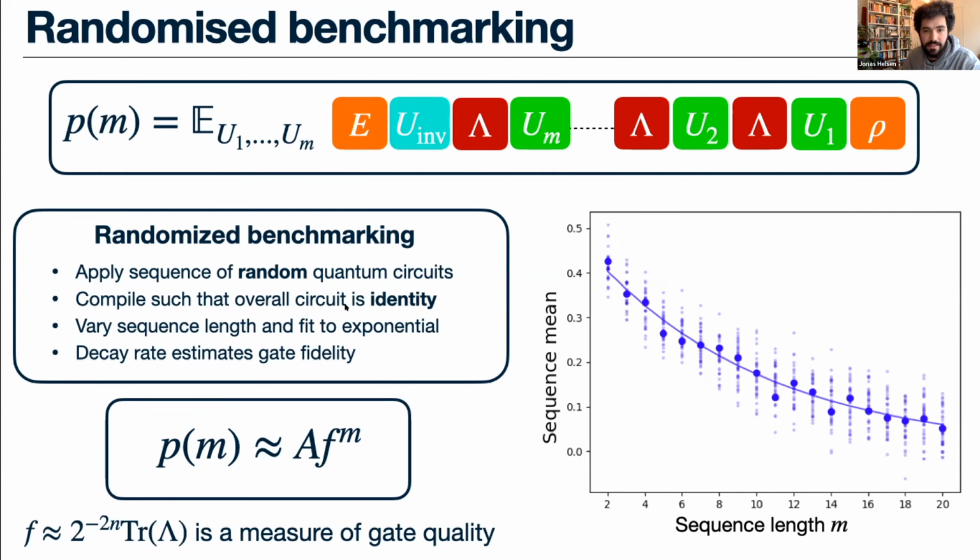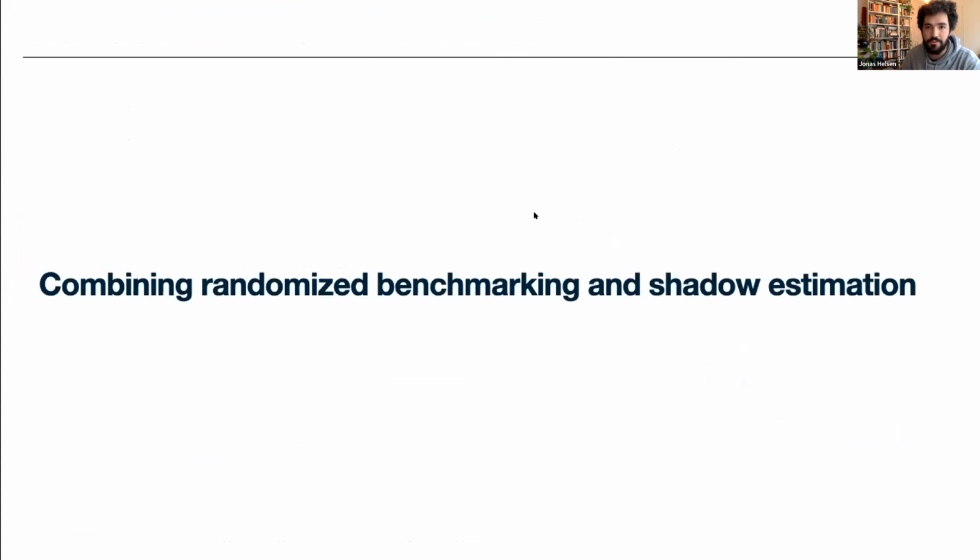And the fact that this is efficient and that the previous protocol is efficient gave us the idea of, okay, why don't we combine these two things? So we're going to take randomized benchmarking and pretend that it generates shadows in the same sense that this randomized measurement scheme for states generates shadows.